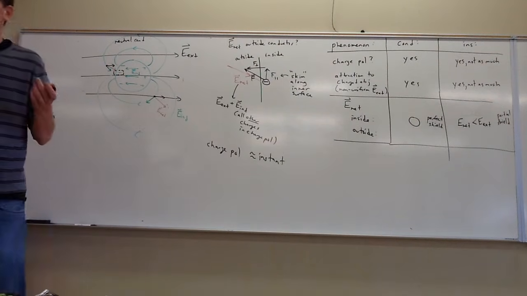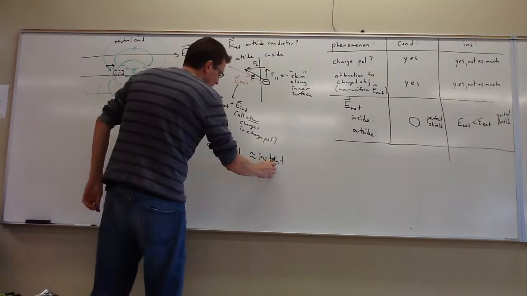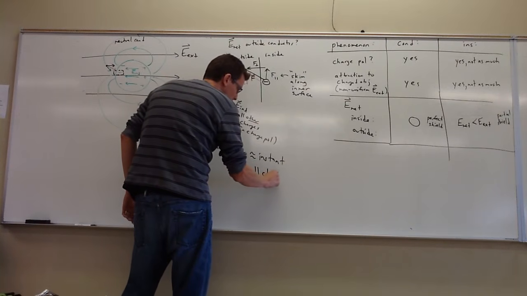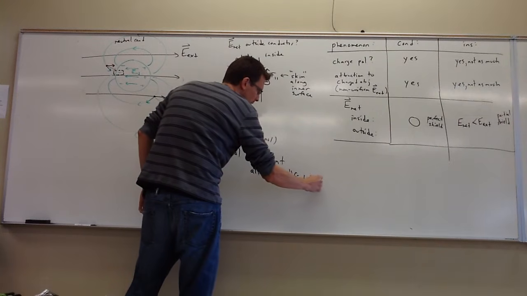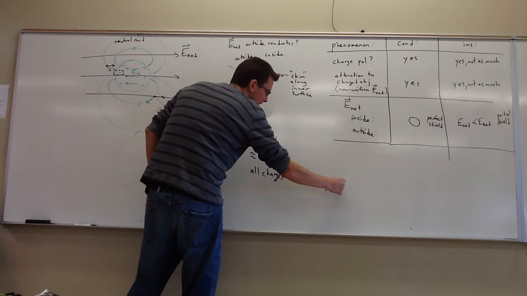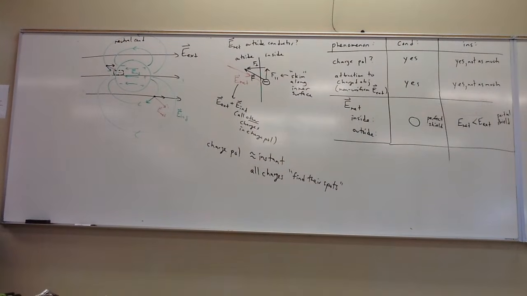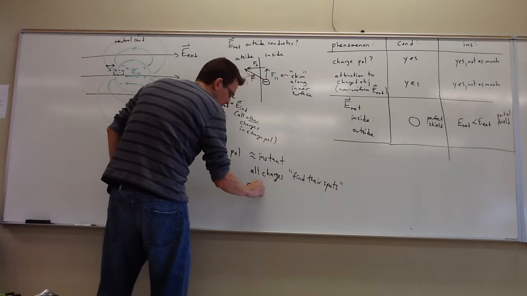The charge polarization doesn't evolve with time, it just is what it is. So the charge polarization is approximately instant, which means that all of the charges find their spots essentially very quickly. And we have achieved an equilibrium situation.